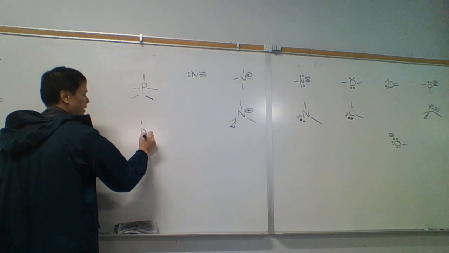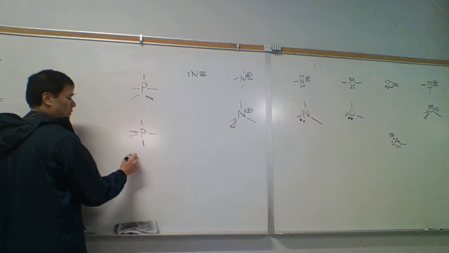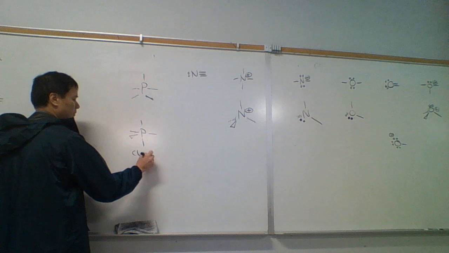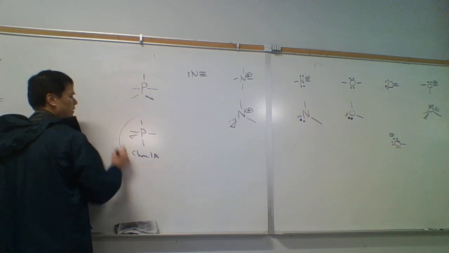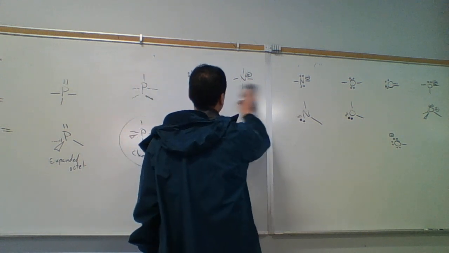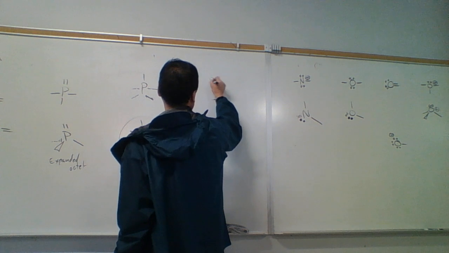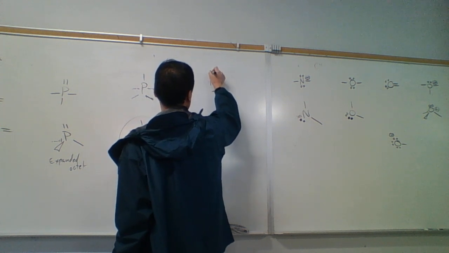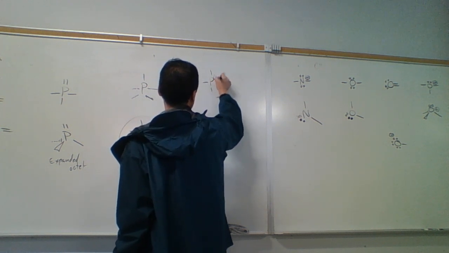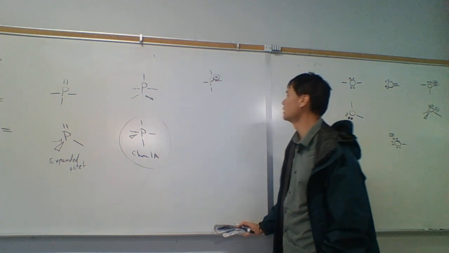This one is Chem 1A. This is called trigonal bipyramidal. Chem 1A. The geometry. This is Chem 1A. 5 single bonds. Likewise, they could do the same thing as nitrogen. They could form 4 single bonds with a positive charge, like that, missing an electron.